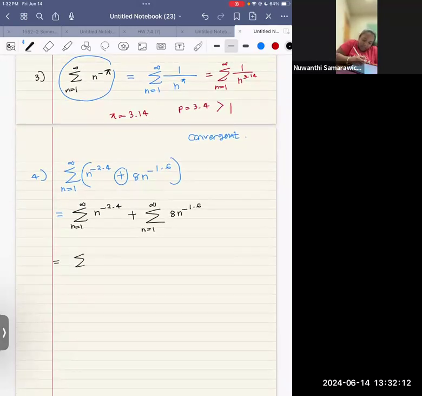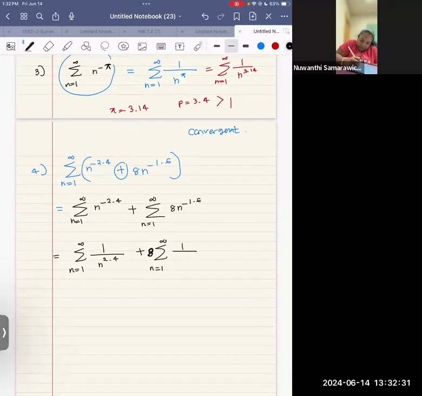And then I'm going to write this in terms of 1 over n, because we are going to use the P series. So this is a negative exponent, I'm going to write it like this. And in this one I can take the 8 out, and 1 over n to the 1.6.